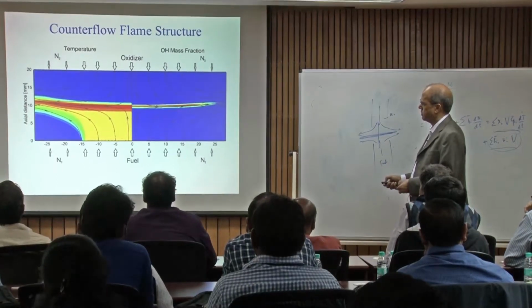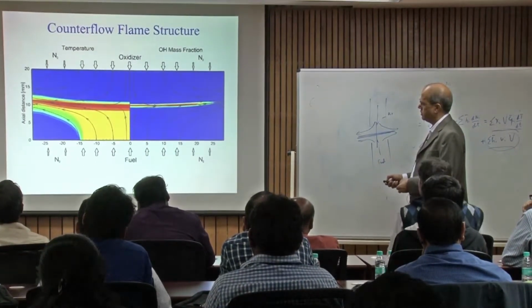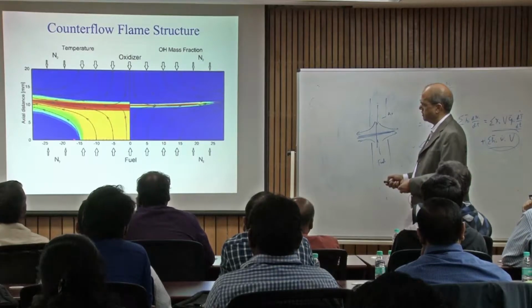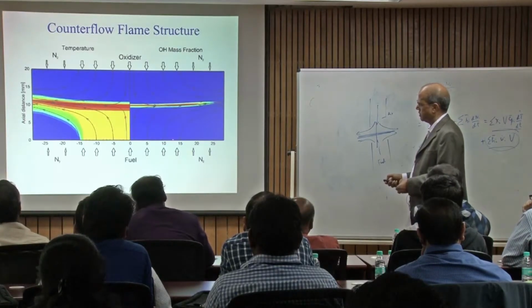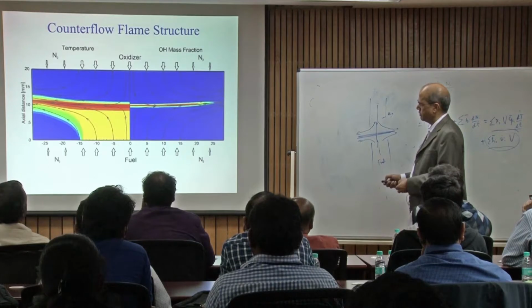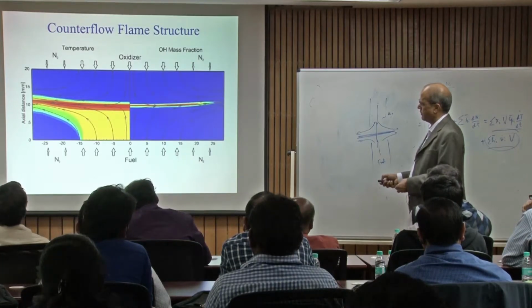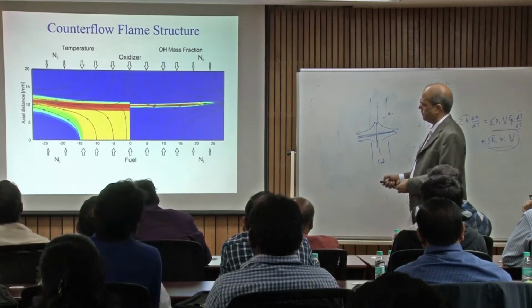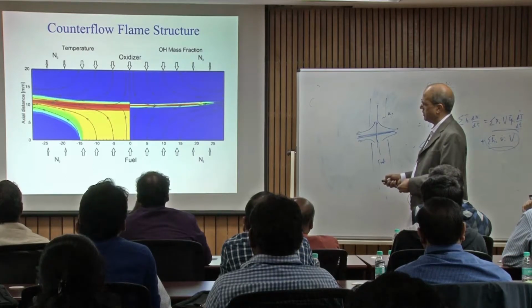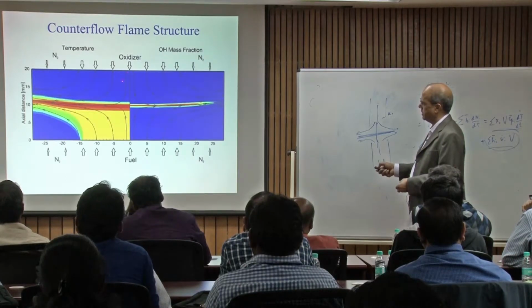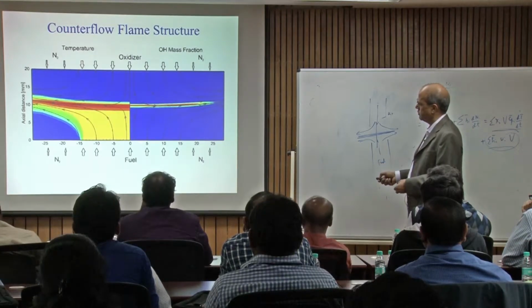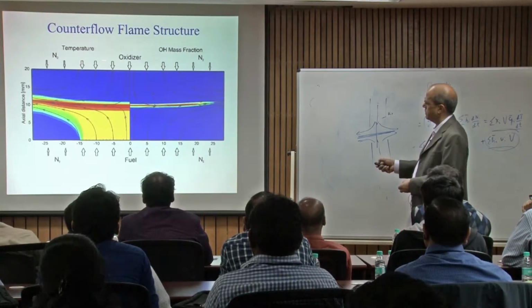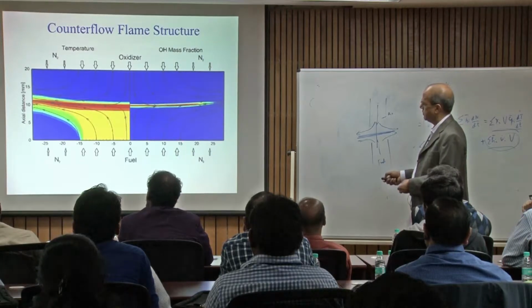This is work with Dr. Kata, and we were doing some work together. It was published in Fuel 2-3 years back. So the fuel jet, the heptane jet, and then air on top.